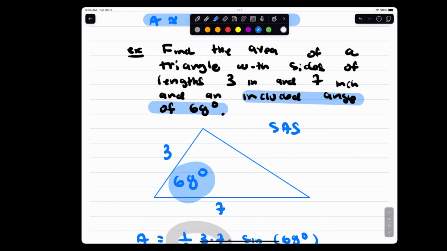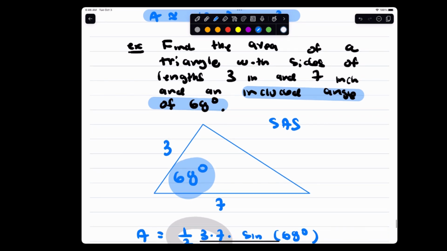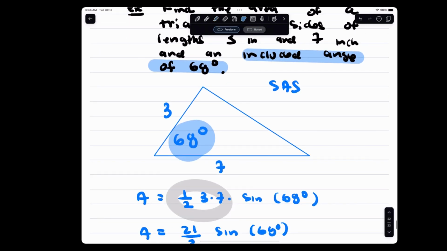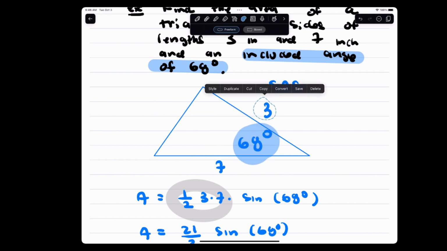Yes? How did you know what side to... Oh, good question. How do you know what to label 3 and what to label 7? Well, I really didn't. I just drew a triangle, and I put the shorter side as 3 and the longer side as what? 7. Now, you might even say, why did I put this as 68? Well, I could have put it over here, but if I did that, I got to move this over where?